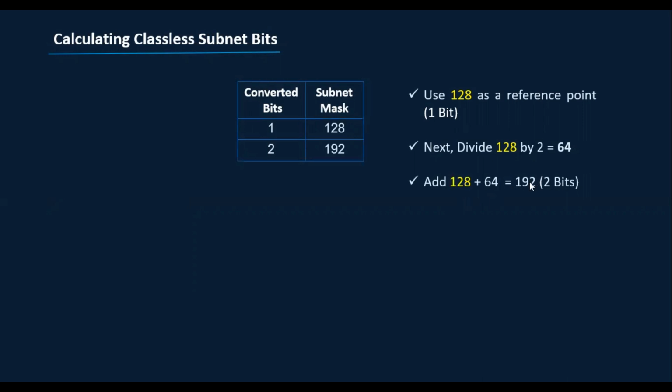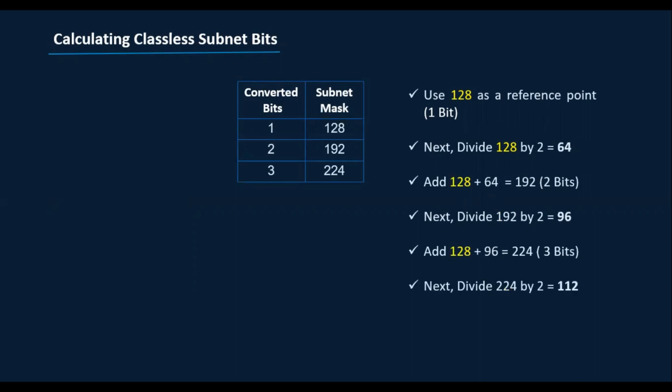That's 192. The next thing you do is divide 192 by 2. That'll give you 96. And then you add it to your reference point, and that'll give you 224. That's the value for the subnet mask if 3 bits were converted. The next thing you do is divide 224 by 2, and then you have 112. And then you add that to your reference point again.